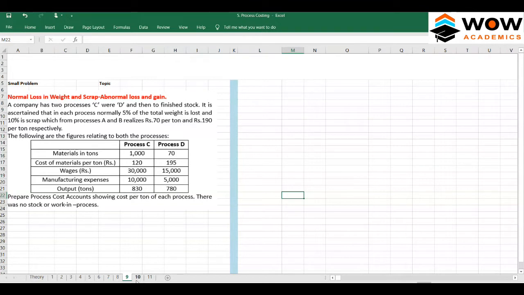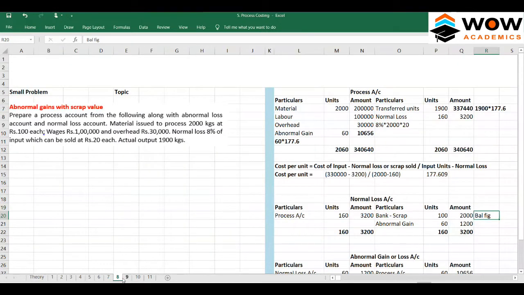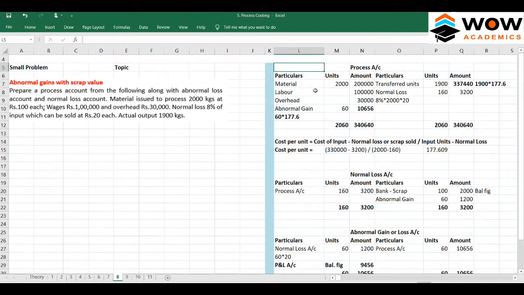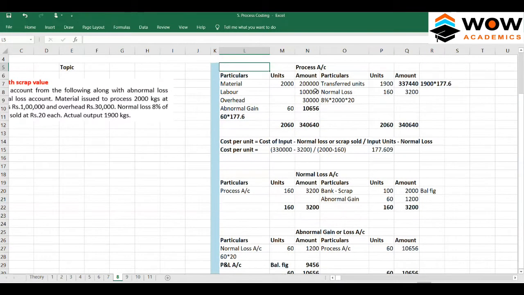So this is a typical sum. To put this sum, we'll take all of this into account.